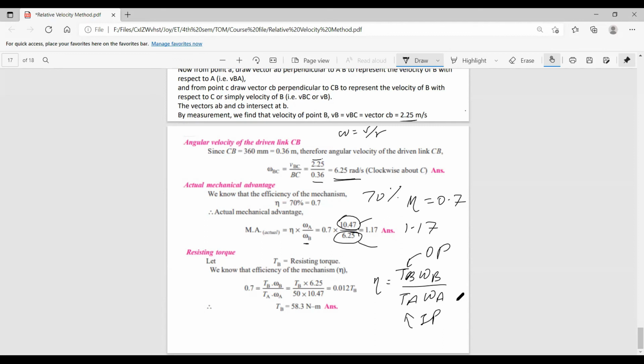So when you substitute all the values you know, omega B you have already found 6.25, omega A you already found 10.47, and tau A is given as 50 in the question. So based on that, you can find the value of tau B, that is 58.3 Newton meter. So this is how we found the mechanical advantage and resisting torque.